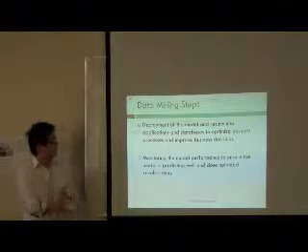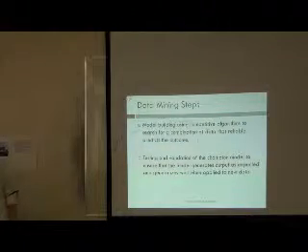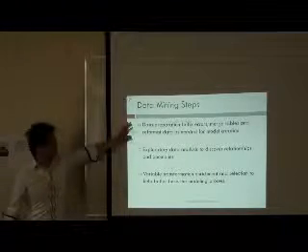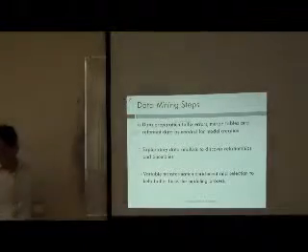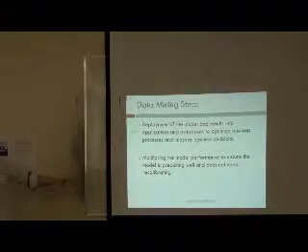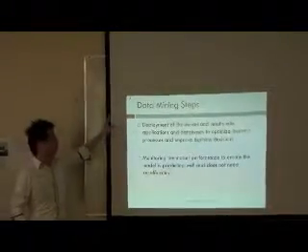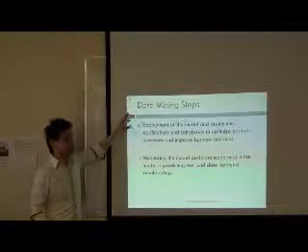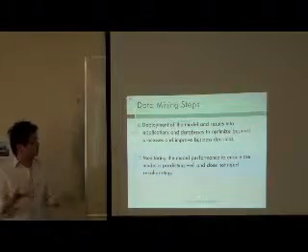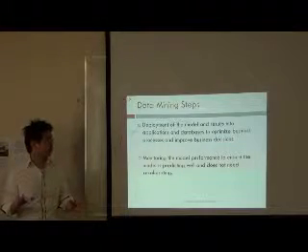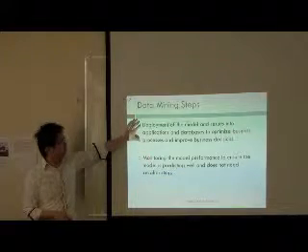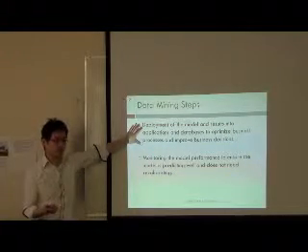So that's 1, 2, 3, 4, 5, 6, 7 steps to have a valid data mining process. Based on my career knowledge, this part you need to hire one person to do it. This part you need a bunch of IT guys to do it.